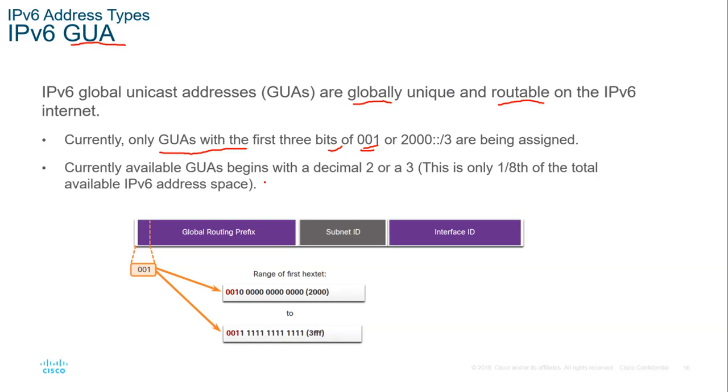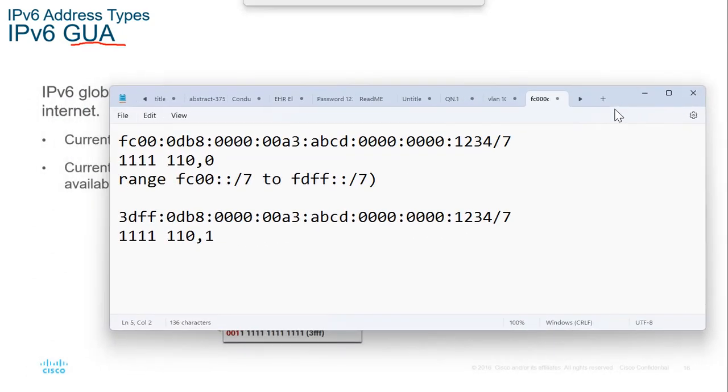As long as an address begins with, for example, if I change this and give it a 2 like this, then this is a global address. If I give it a 3, still. This is our previous address. If I change this and give it a 2 instead of F, as you can see, starting with the 2, it qualifies to be a global unicast address.